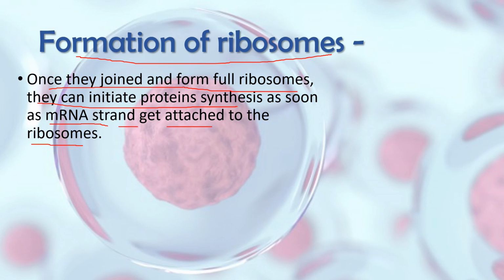So in the cytoplasm, the ribosomal units are assembled, and once the mRNA attaches, they start synthesizing proteins by the process known as translation. So translation always occurs in the cytoplasm.